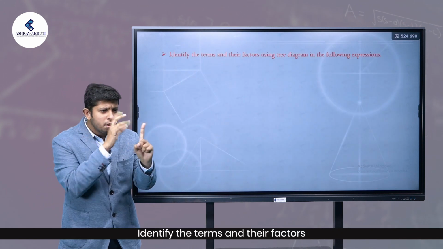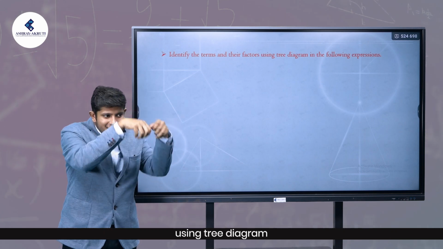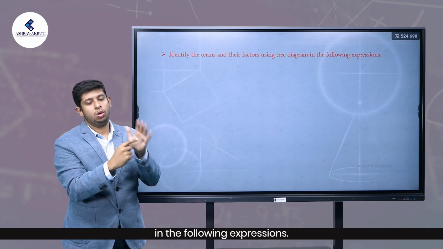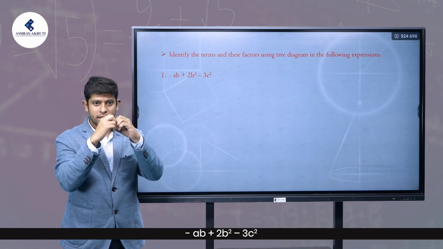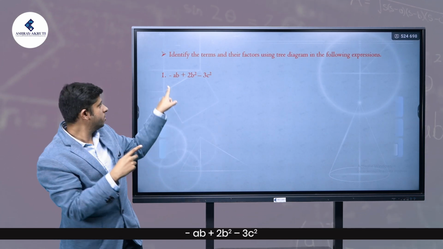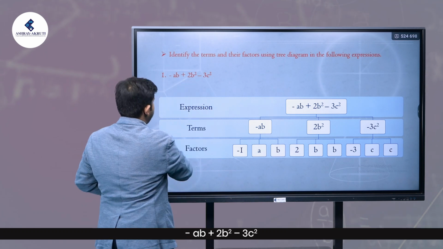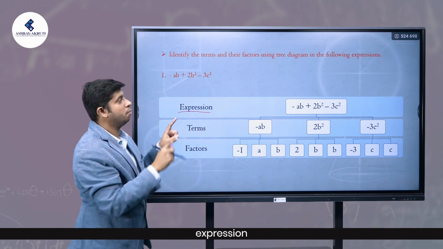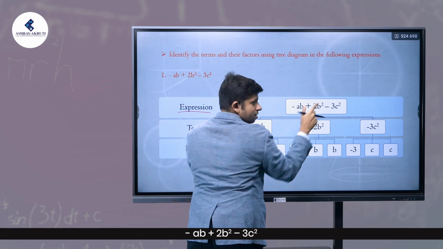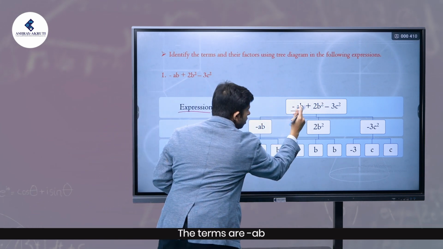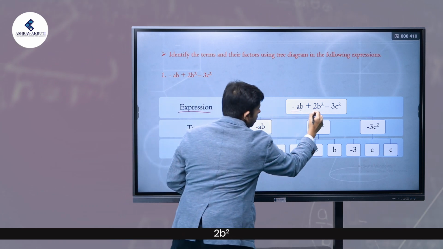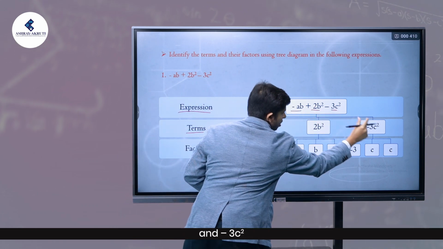Identify the terms and their factors using tree diagram in the following expressions. First one, minus ab plus 2b square minus 3c square. Expression, minus ab plus 2b square minus 3c square. The terms are minus ab, 2b square and minus 3c square.